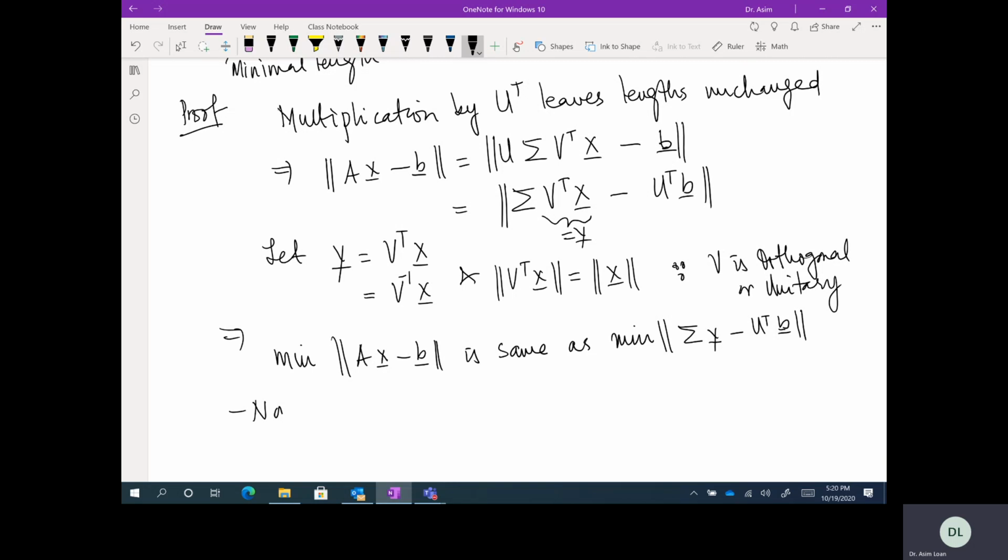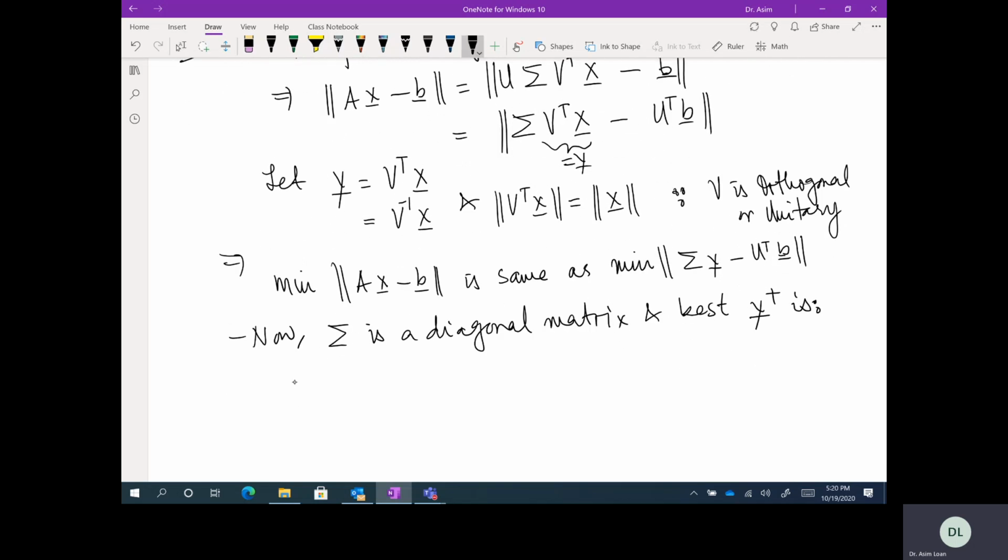Now sigma is a diagonal matrix, and what is the best y plus? The best y plus is simply sigma plus U transpose b.